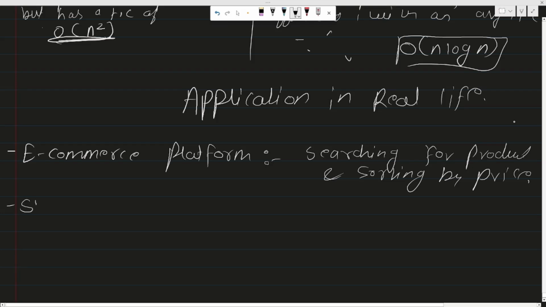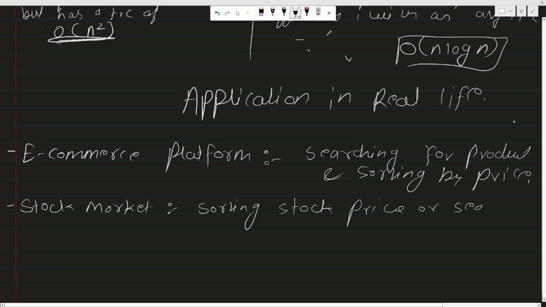The next is the stock market: sorting stock prices or searching for specific stock data.